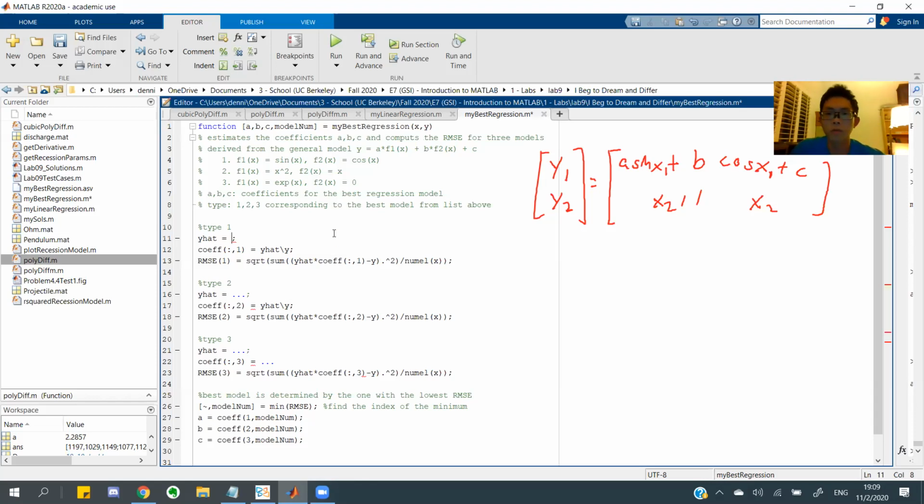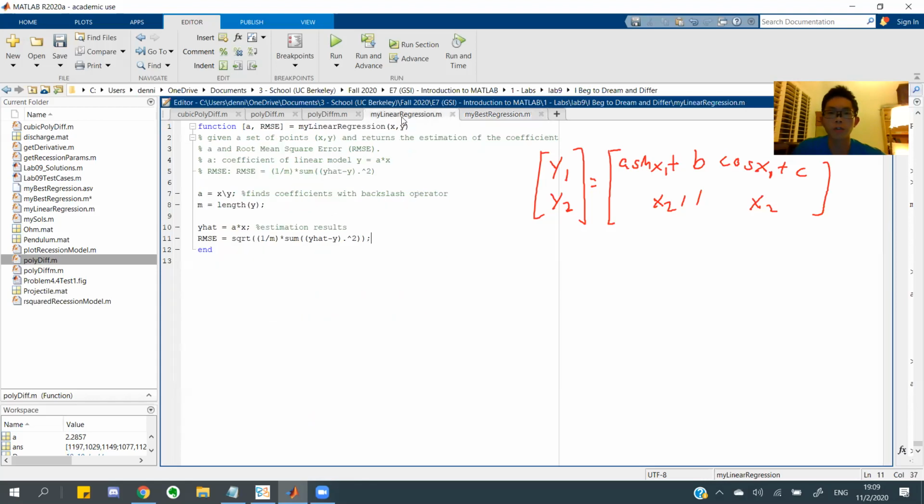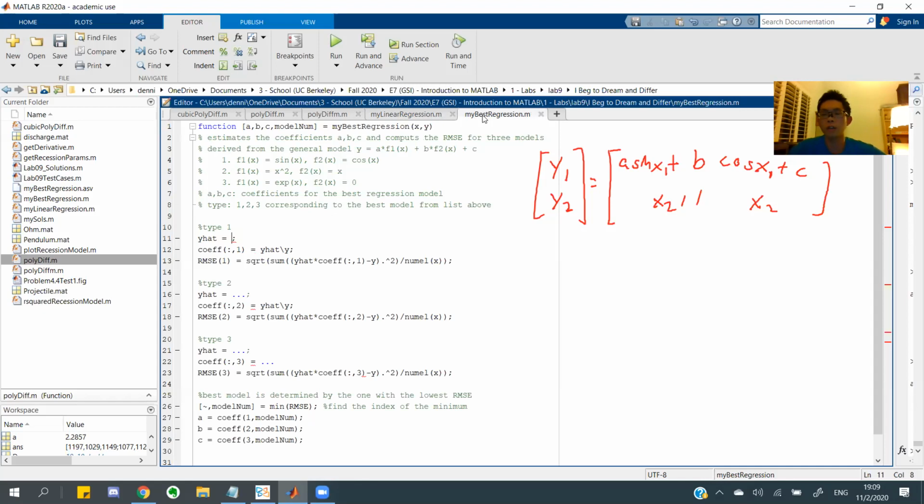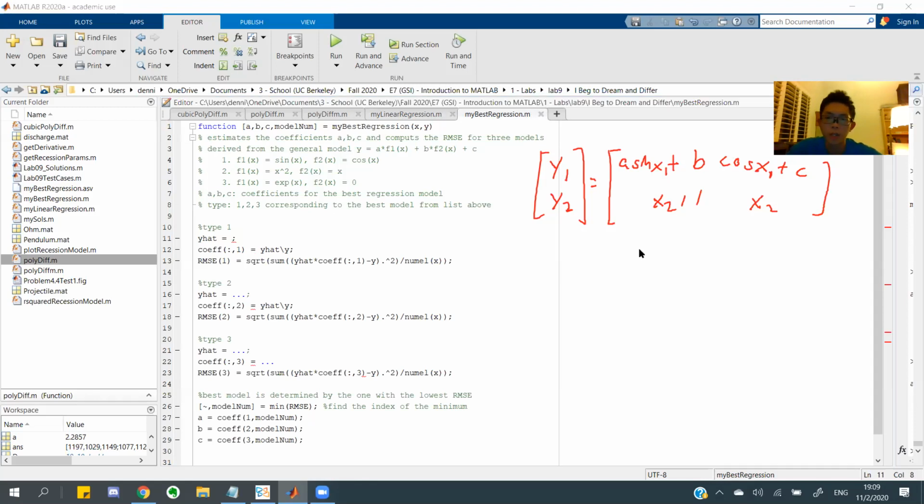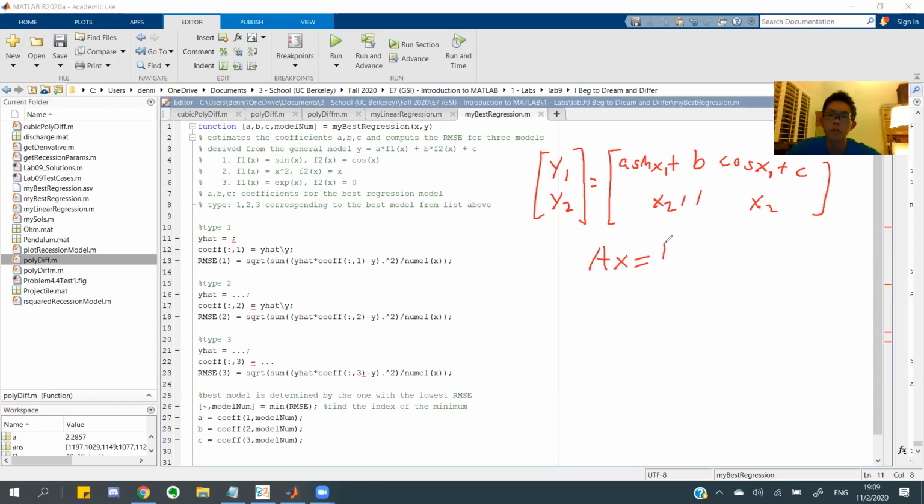For my linear regression, we can do this, right? You'll notice that we can't just take out an x1 and an x2 and make it like an a. We can't write it like this because it's not a linear system of equations. We have x trapped in this little sine over here. We can't pull it out.